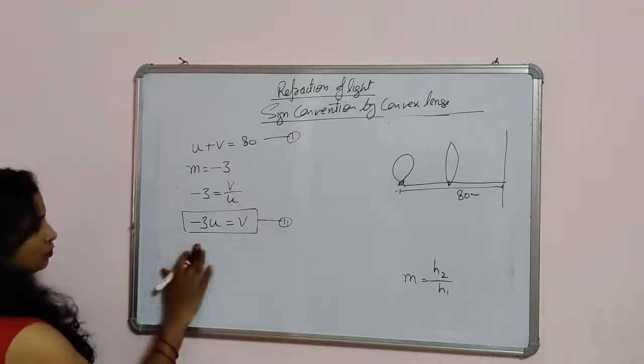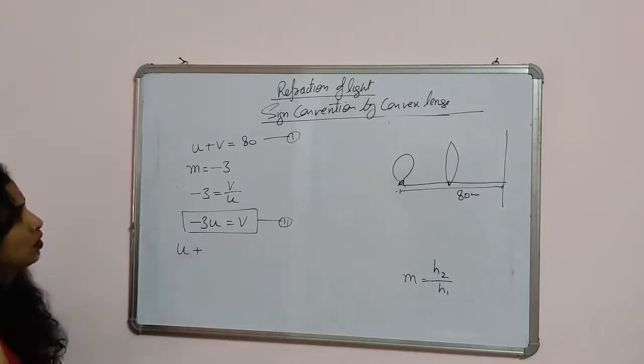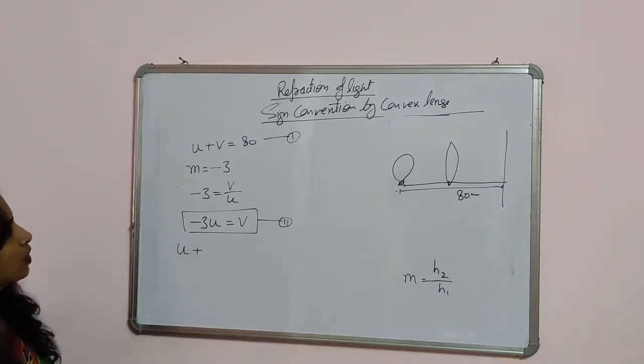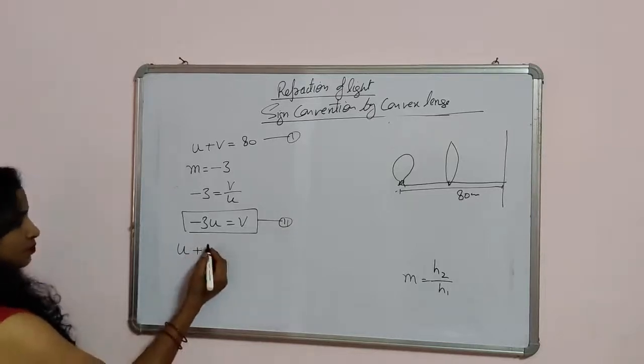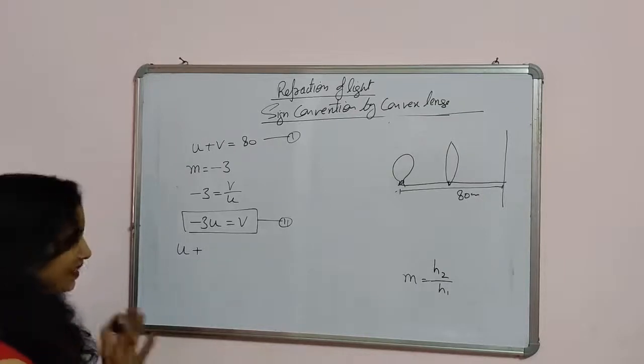u plus v. Again, one thing matters here: you can't put the values without the sign.